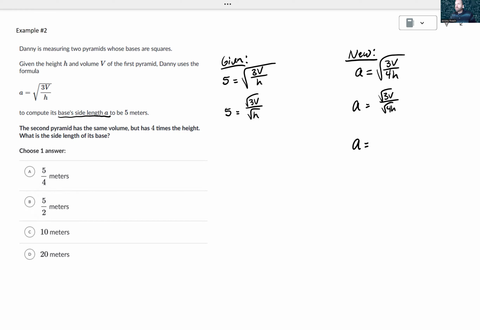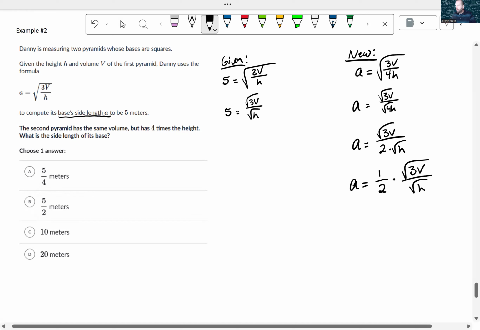So a is equal to, if we simplify this, the square root of 4 is 2 times the square root of h. All right. And now if we write this as a equal to, instead of the 2 on the denominator, we can separate this again as 1/2 times square root of 3v over square root of h.